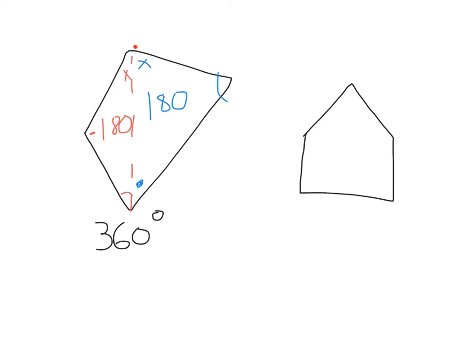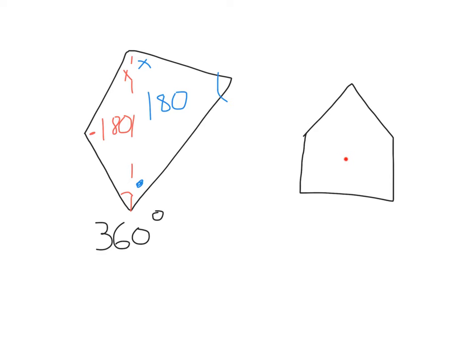I can divide this shape here into 2 triangles. So I know that all of these angles here must add to 180, and similarly this angle and this angle must add to 180. So the angle sum of any quadrilateral is 360 degrees, because in any quadrilateral I can draw 2 triangles, making 180 plus 180 equals 360.